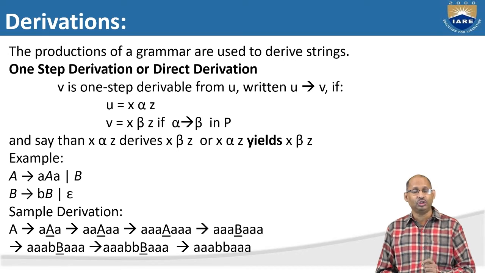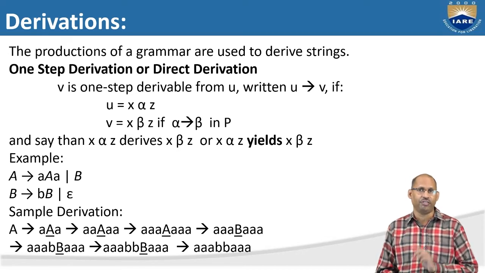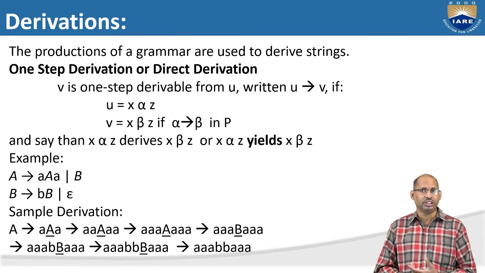Derivations should always start from the starting variable, and we apply a list of productions one by one such that finally it results in a sequence of terminals of the given string. It must derive the terminals of the given string.